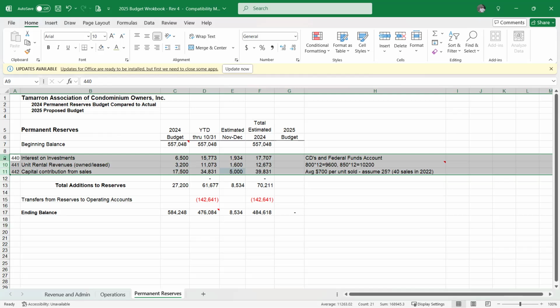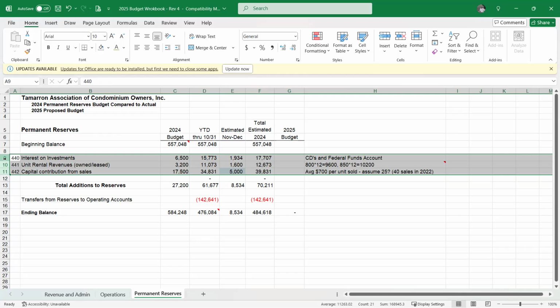And Joe, I just want to point out that the areas where we might be choosing to be more conservative in our approach with the budget is what's going to allow us to maybe not have that $142,000 draw from reserves next year.